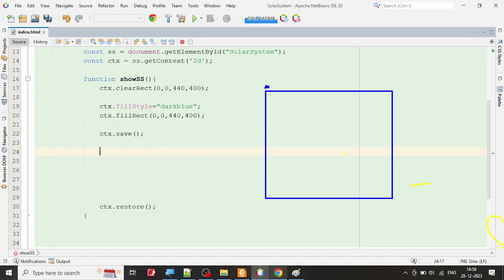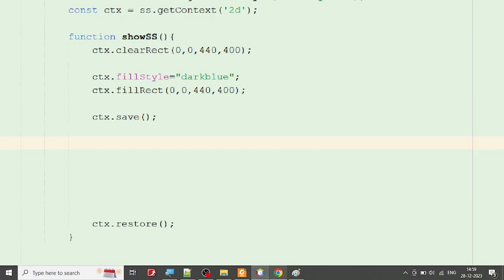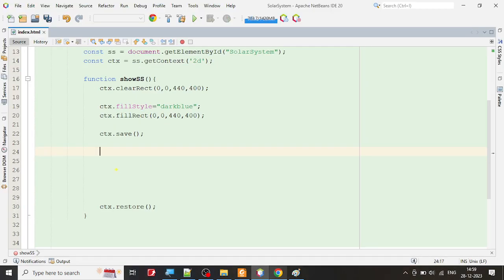Okay, right at the middle. Not here, let me redraw it again. So this is blue color, and I'm going to change this color. Roughly right at the middle, I'm going to put that sun, which is yellow in color.